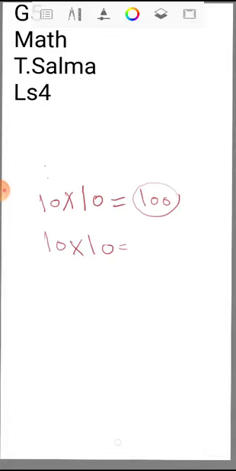So this number 10, look, I repeat it, or I multiply it by itself, twice, right? So this 10, I will name it the base, okay? So I will take this base and put it here in the answer, okay?